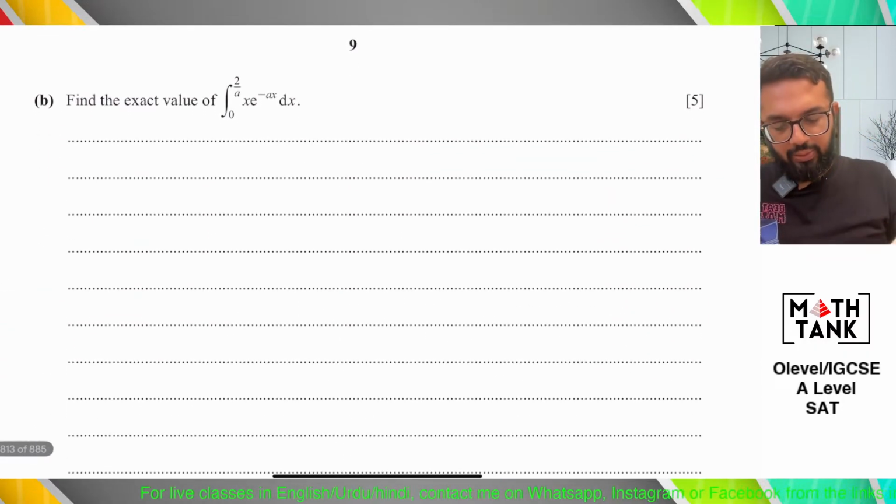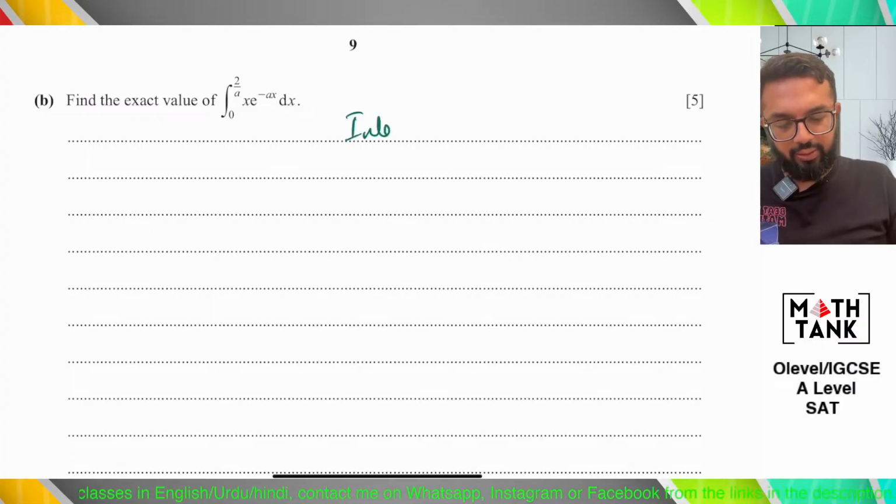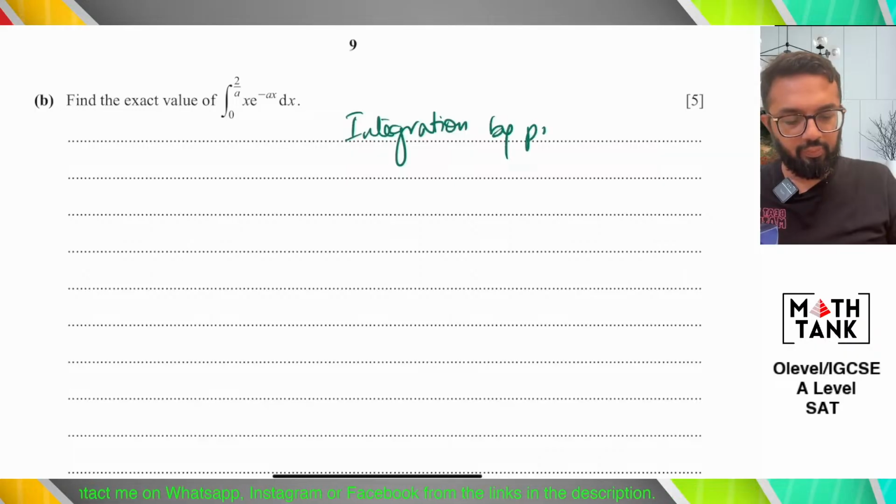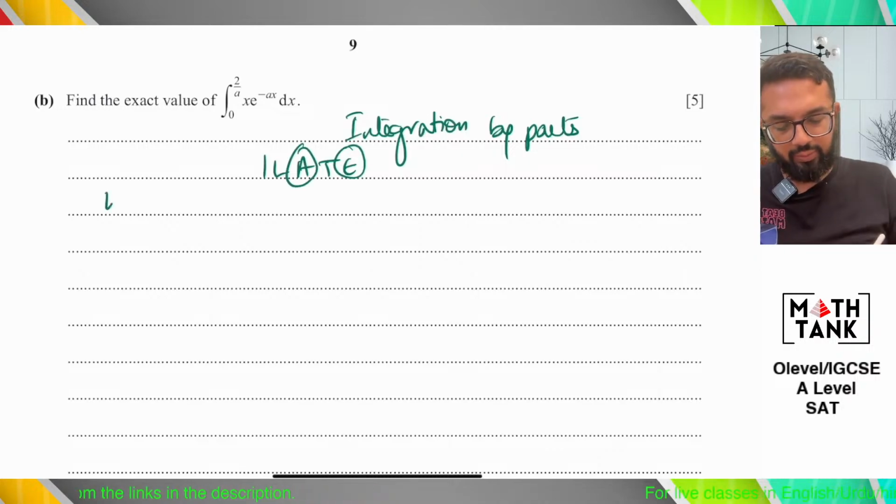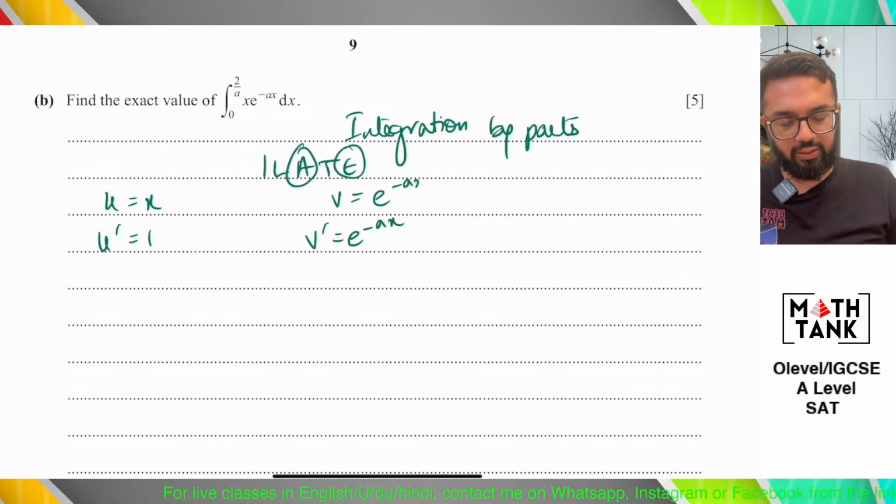and the exact value. So this is integration by parts. I have an algebraic and I have an exponential. So use u equals x. v dash is e power minus ax. u dash is 1. v is e power minus ax over minus a.